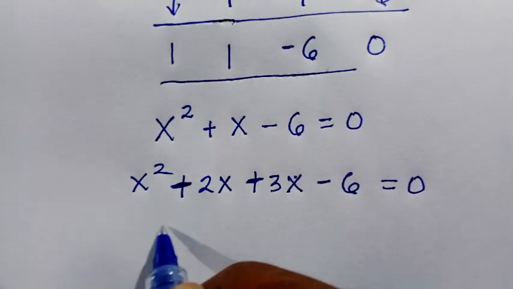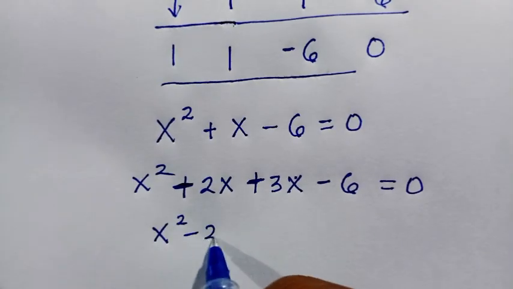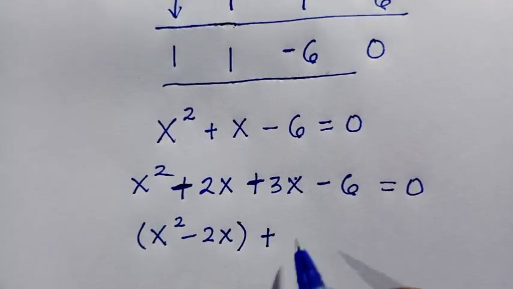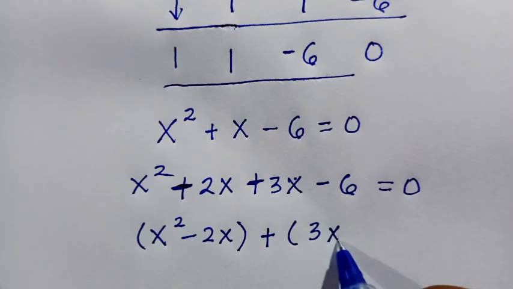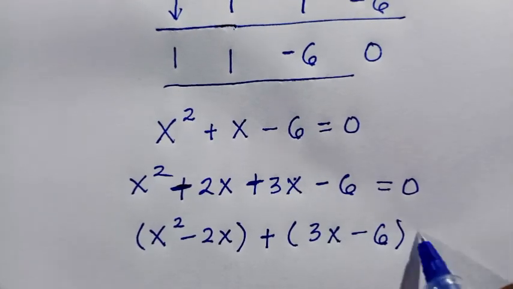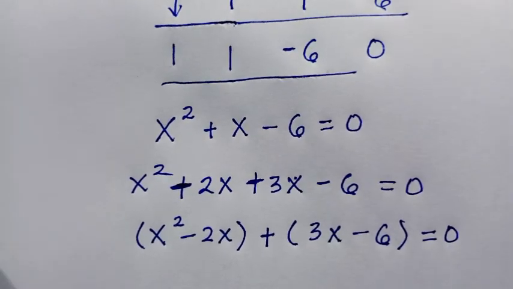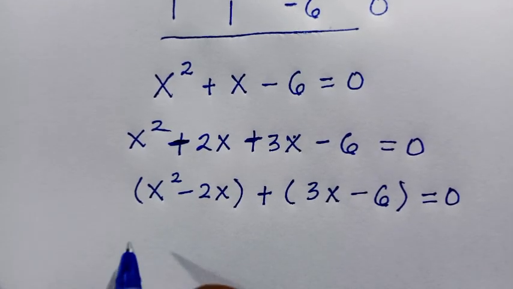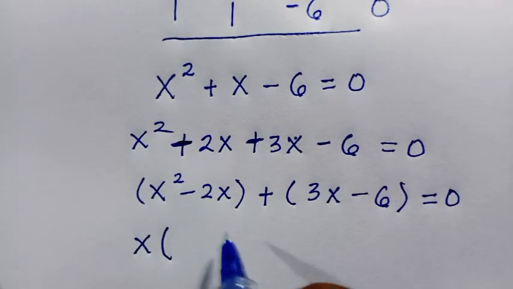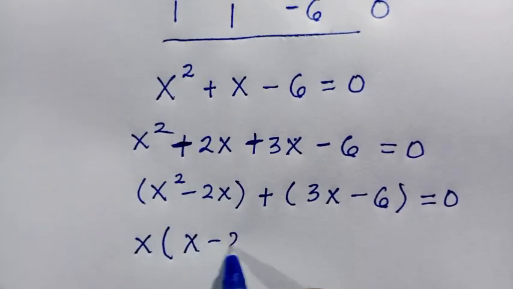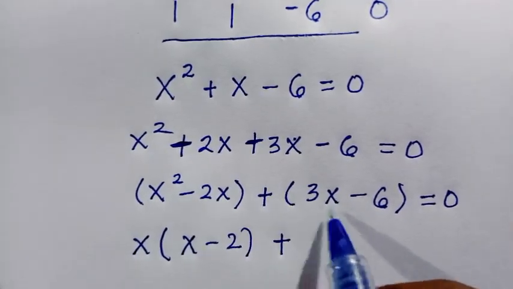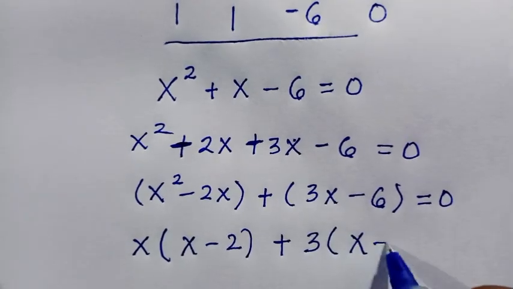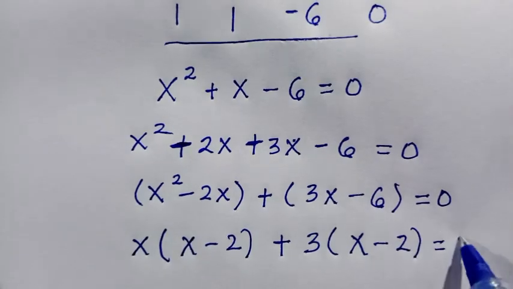Then by grouping, we have x squared minus 2x, plus open bracket 3x minus 6 equals 0. What is common to the first group is x. By factoring out x, we have x minus 2, plus also what is common to the second is 3. We take out 3 and we are left with x minus 2.